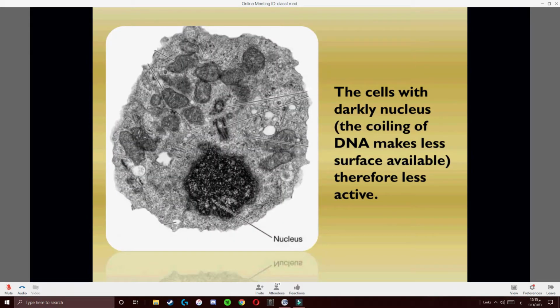While cells with dark nuclei, we expect heterochromatin to be more than euchromatin, where the coiling of DNA makes less surface available. This means the amount of DNA exposed is less, and therefore they are less active than the cells with light nucleus.